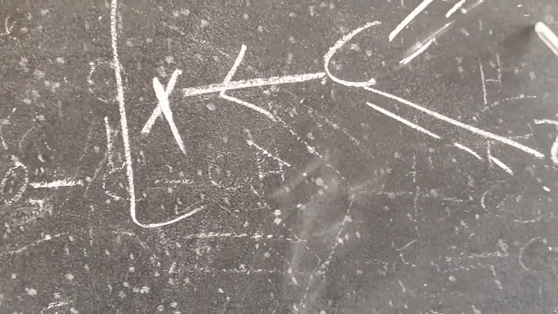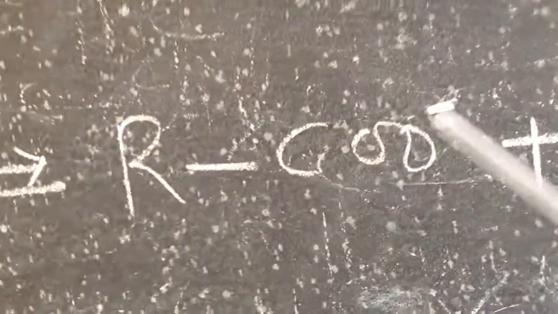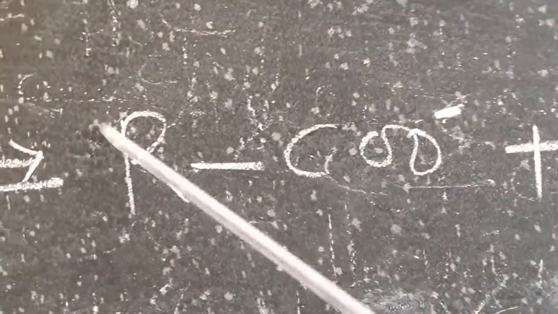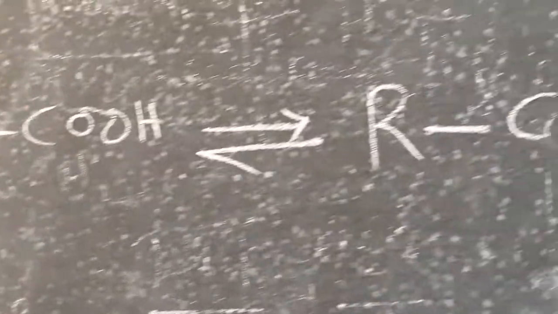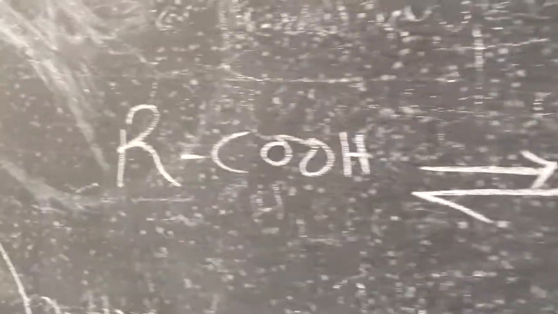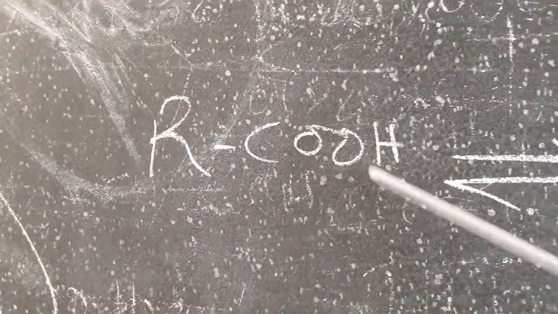So this ion will be stabilized because of the electron withdrawing group. If it is stabilized, naturally the right hand side reaction will take place and this will be more acidic.